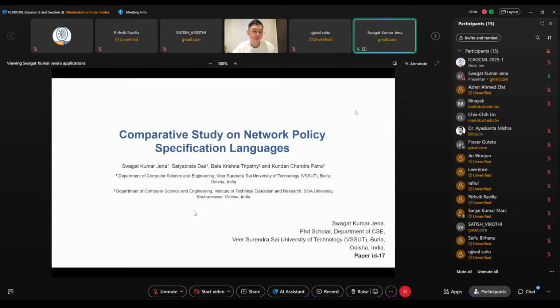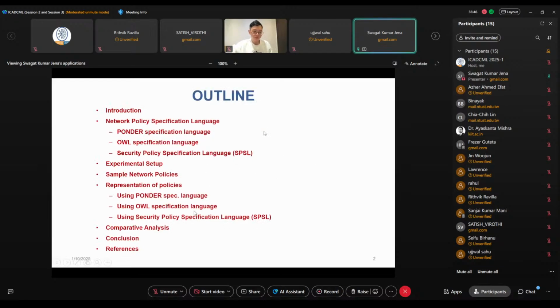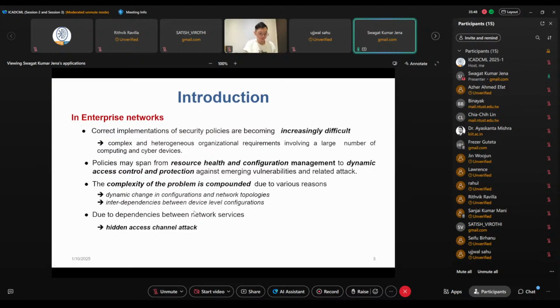So today I'm going to represent our team for the work, a comparative study on network policy specification languages. These days in enterprise networking, correct implementation of various security policies is becoming increasingly difficult because of heterogeneous organizational requirements, which are very complex and involve a large amount of data from computing devices and cyber devices.